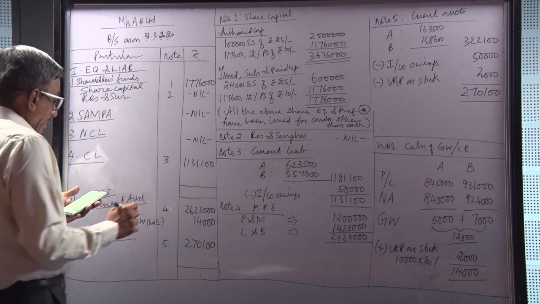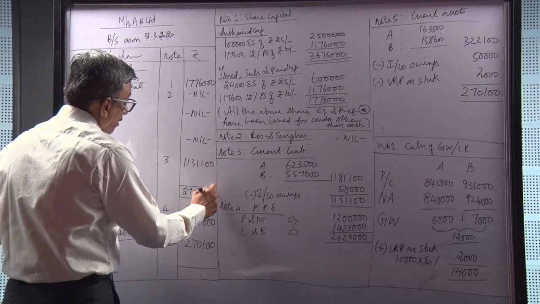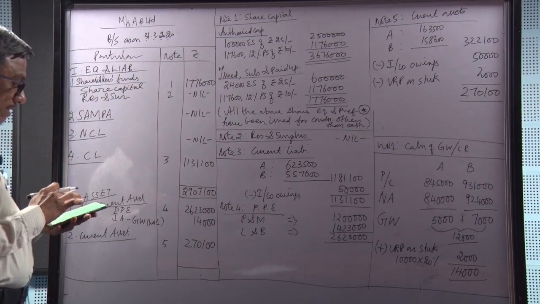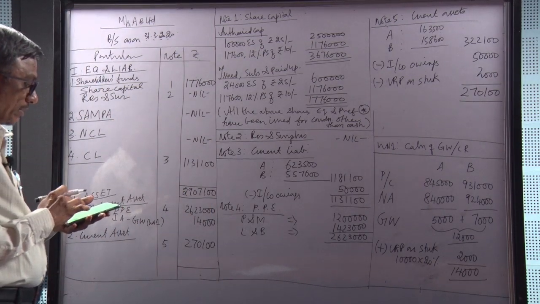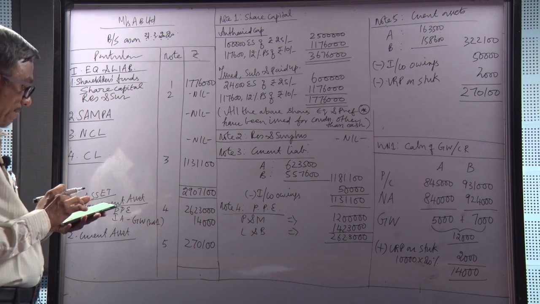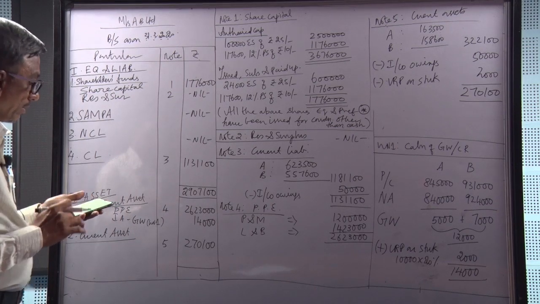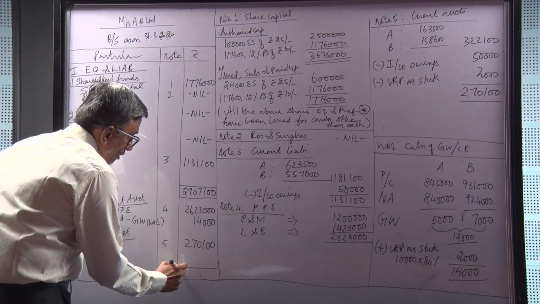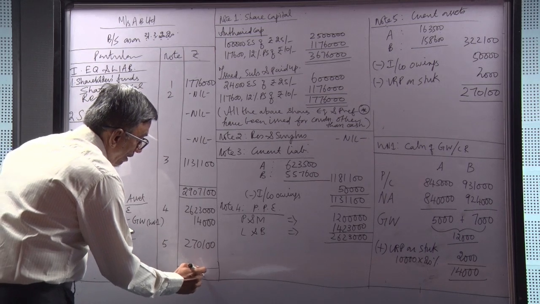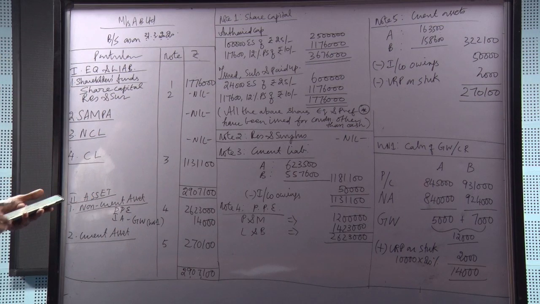So the total is 29 lakh 7,100 liabilities. Assets: 26 lakh 23,000 plus 14,000 goodwill plus 2 lakh 70,100. That also comes to 29 lakhs 7,100. That means we have tallied the balance sheet, we have done the problem correctly.